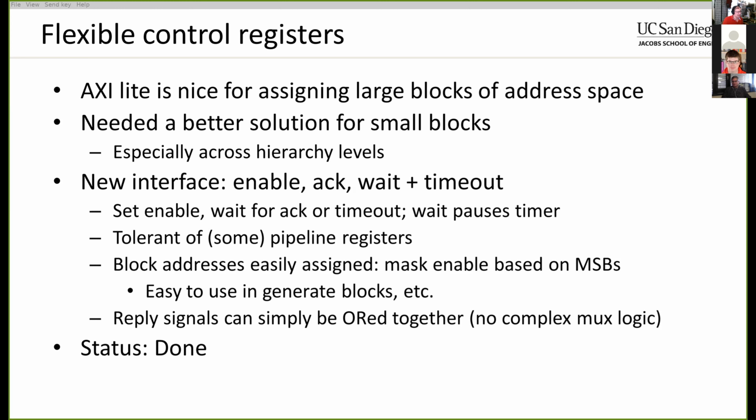So somehow we have to pass something up a hierarchy level in order to extend these registers. I came up with an interface that I think is going to work pretty well for this. The idea is you have an enable signal, an acknowledge signal, a wait signal, and a timeout. If you want to perform a register read or write, you set the address and the data, set the enable high, and then wait some number of clock cycles. I think the default right now is 4.